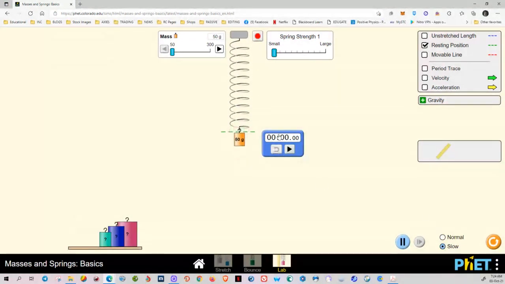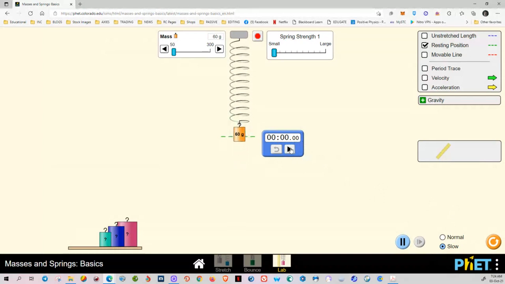So once you have done 50 gram, go to 60 gram using the adjustment at the top, okay? So now that's 60, lift it up to the line. You can start slow, by the way, and then go to normal.